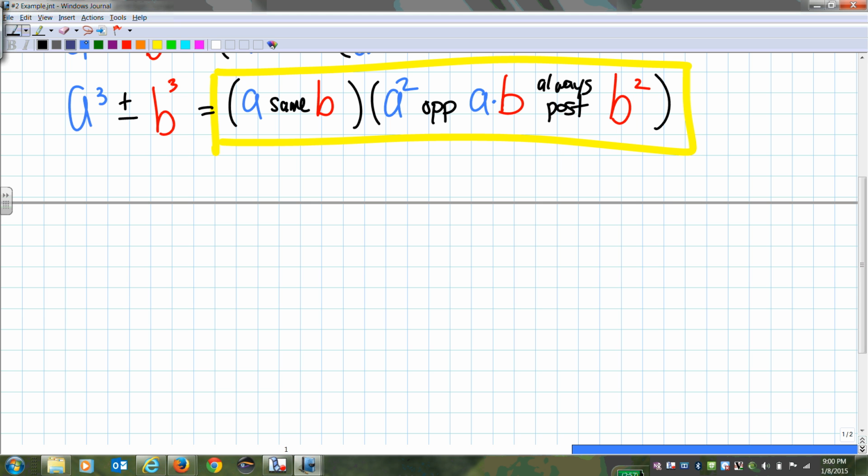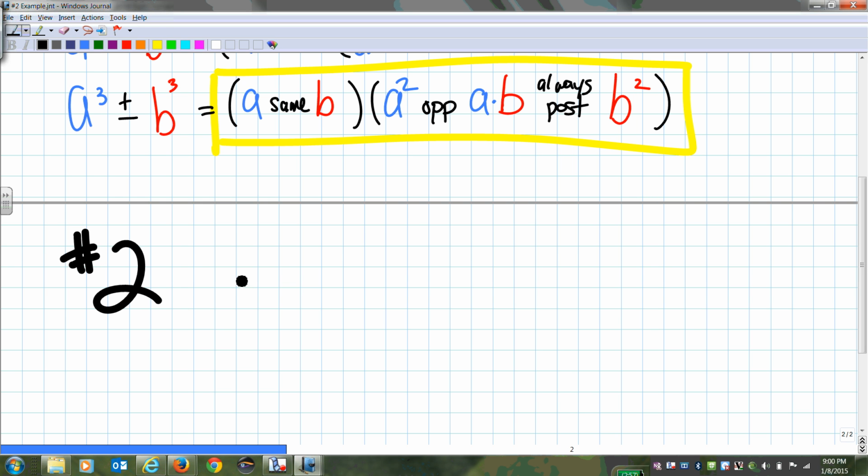Okay, so here we have for number 2, we had x cubed minus 8. The first thing you want to do is get it in the cubed form for both.